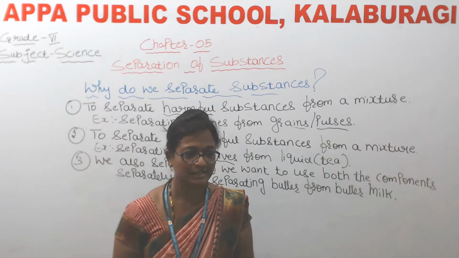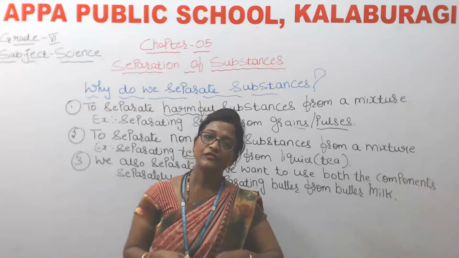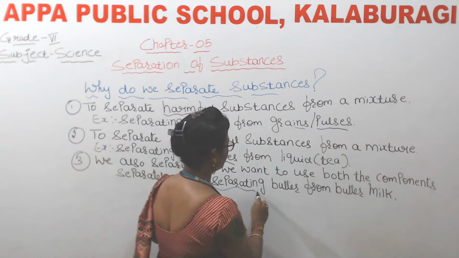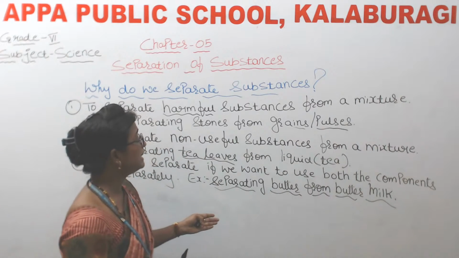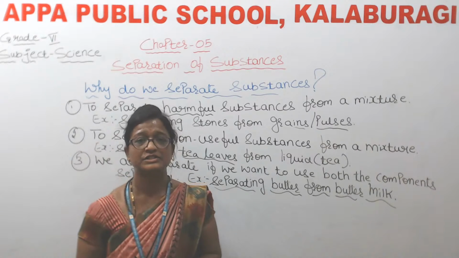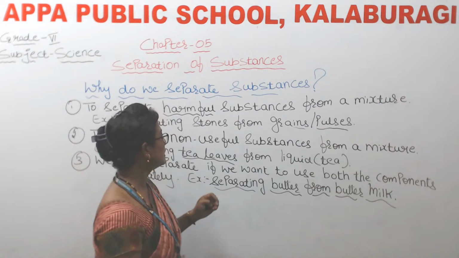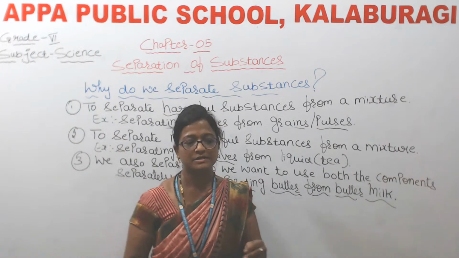And the third reason is sometimes we separate the substances if we want to use them separately. For example, here we are separating butter by churning. Churning means stirring continuously. So here by churning of milk, we are separating butter from buttermilk.